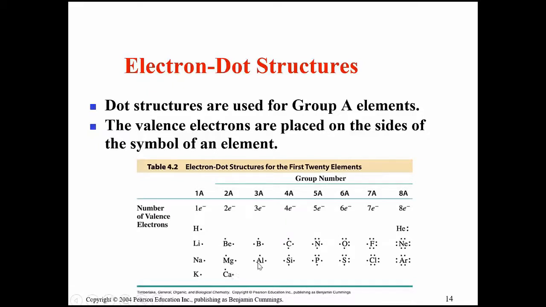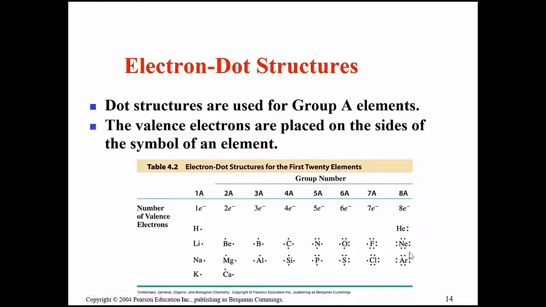How about aluminum, which is group 3A, 3 dots. Boron is in group 3A, 3 dots. Carbon, 4 electrons in the outer shell. Nitrogen, 5 valence electrons. And oxygen, 6 valence electrons. Fluorine, 7 valence electrons. Neon, 8 valence electrons, right?